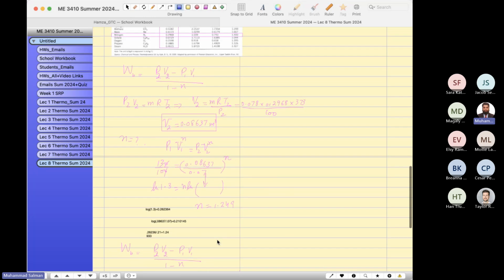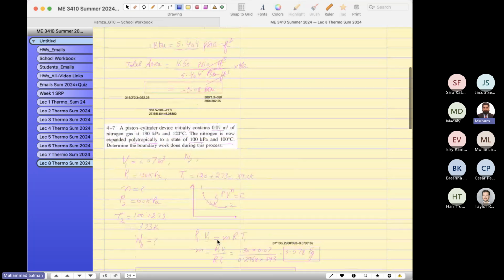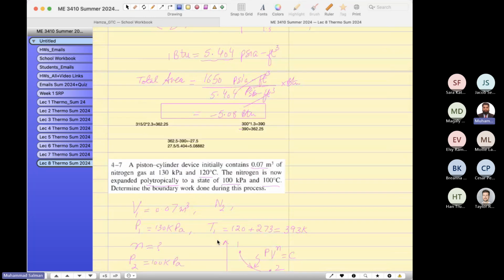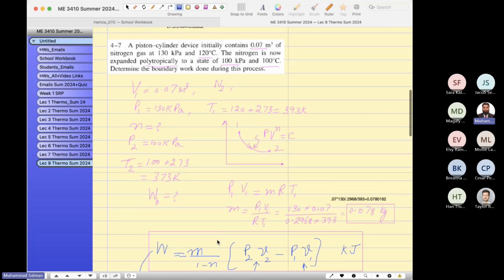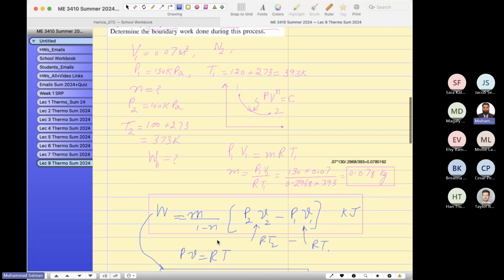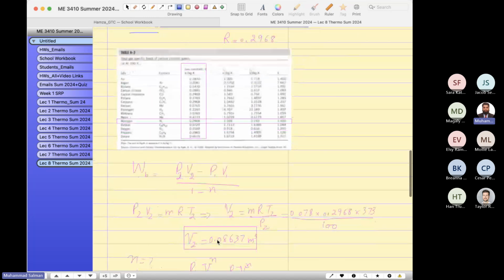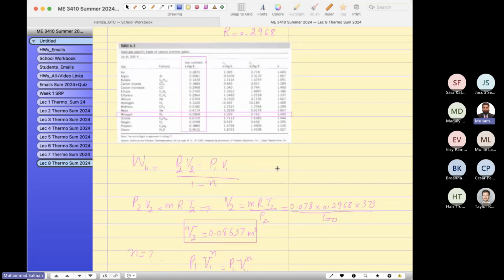Let me go back again. I will start this problem by writing down the formula for polytropic work done by the polytropic process and start finding out the unknowns for this formula. So I found V2, which was unknown, from the gas equation.